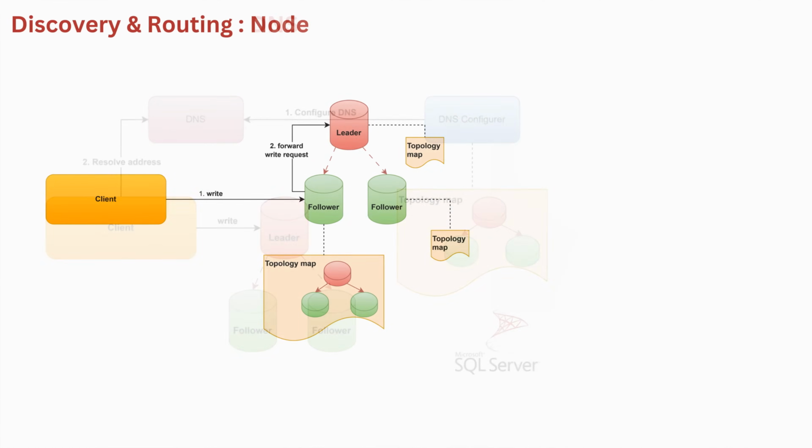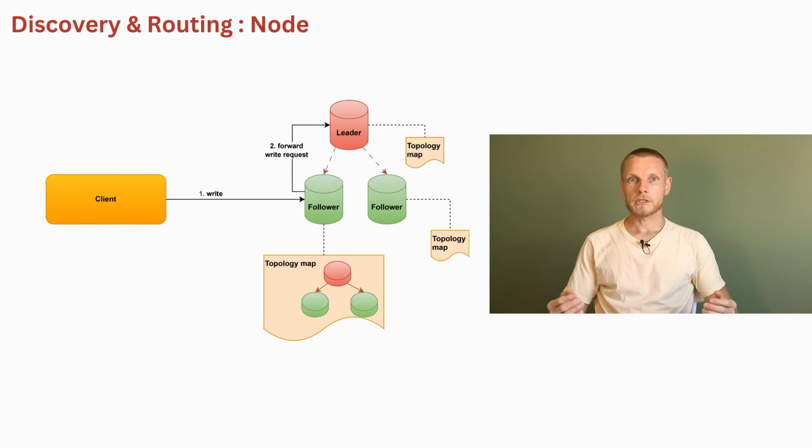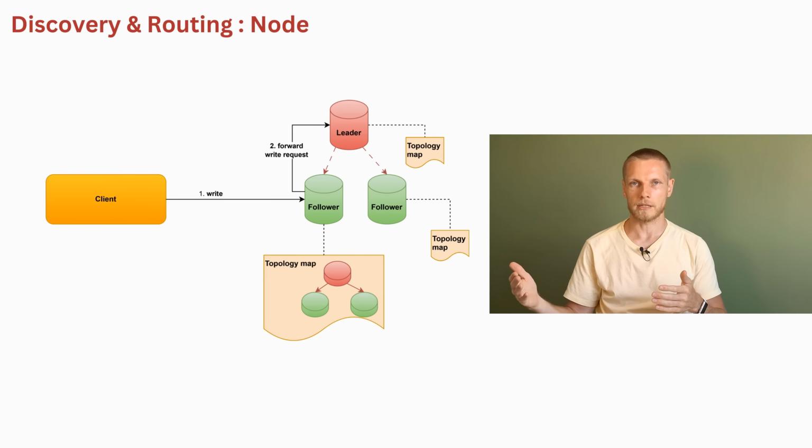and the impossibility of implementing some complex routing. Another interesting approach is to use the nodes themselves to perform discovery and routing, because anyway nodes have this information already. In this approach, the client would always send a request to any node, probably the closest one, and the node internally would know where to forward this request to be processed.